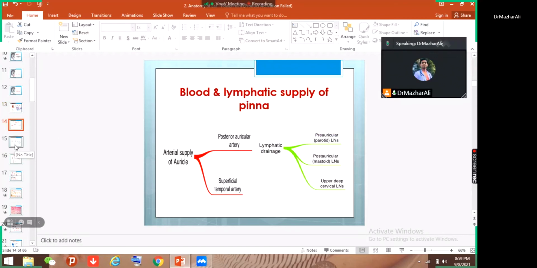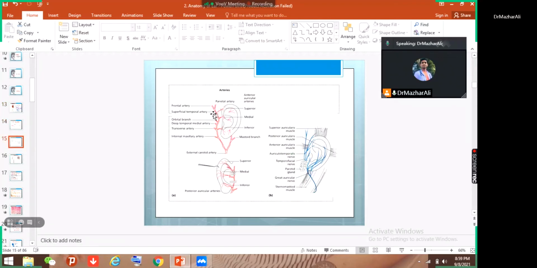And you can see in the picture how our ear takes its blood supply, from the external carotid artery. The external carotid artery originates from the aorta. One branch goes to the internal maxillary artery, another goes to the mastoid branch. This is how the blood circulation is created and supplies the ear.